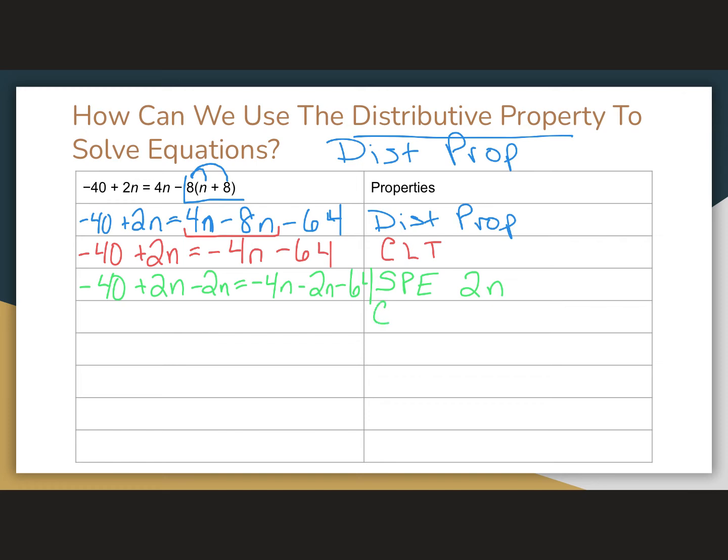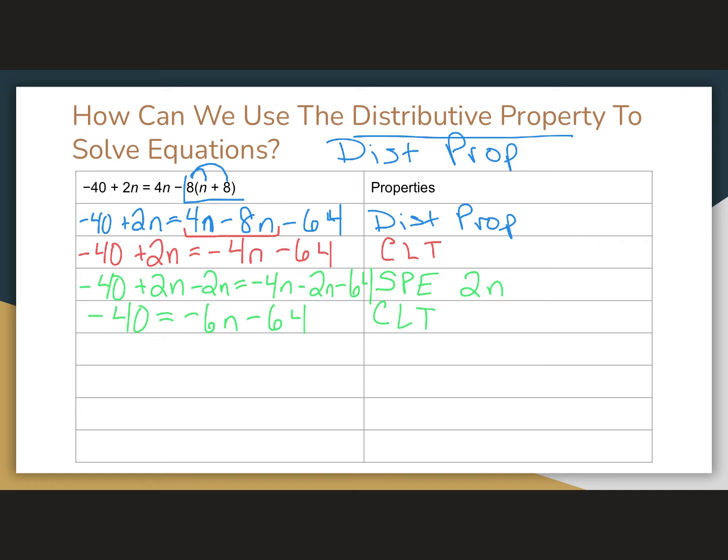When I combine my like terms, I get negative 40 equals, because plus 2n minus 2n goes away, negative 6n minus 64.